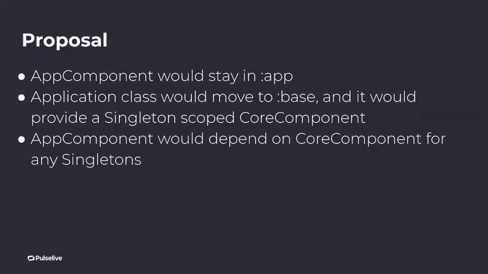The app component would then depend on the core component for those singletons. And we can leave the app component as it is, everything's stateless. So by unscoping it from the application, it should work, other than these few things that need to be singletons.